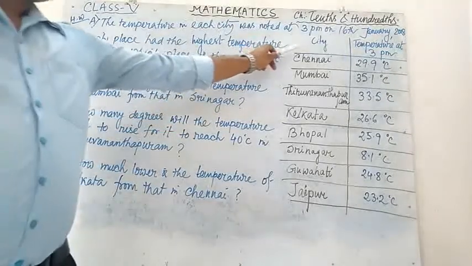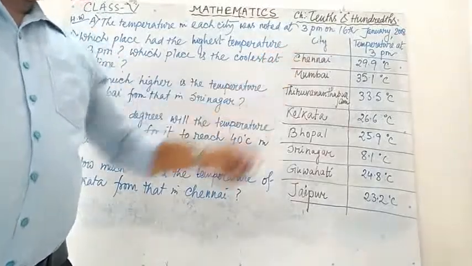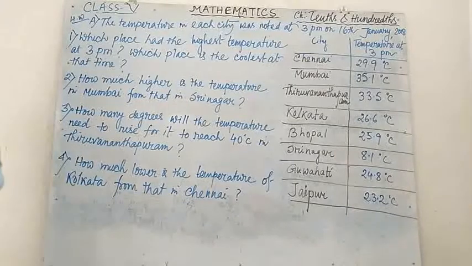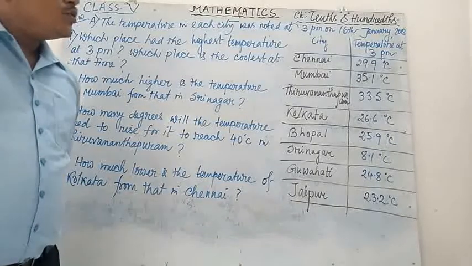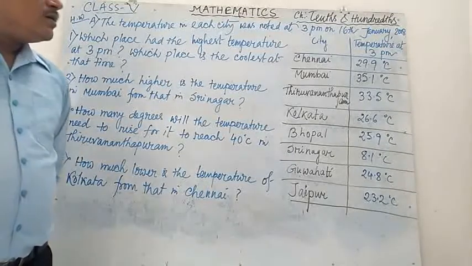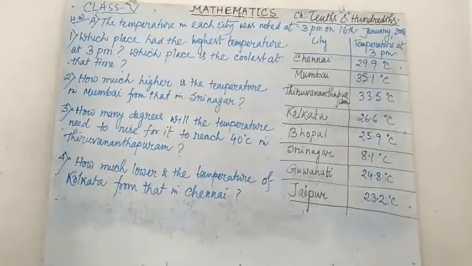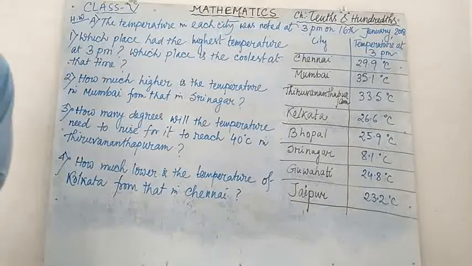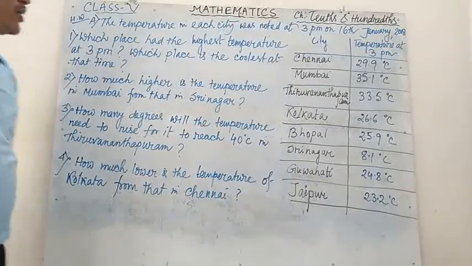Now you can see the names of the cities and the temperature at 3 p.m. Chennai 29.9 degrees centigrade, Mumbai 35.1, Thiruvananthapuram 33.5, Kolkata 26.6, Bhopal 25.9, Srinagar 8.1, Guwahati 24.8, Jaipur 23.2 degrees centigrade.